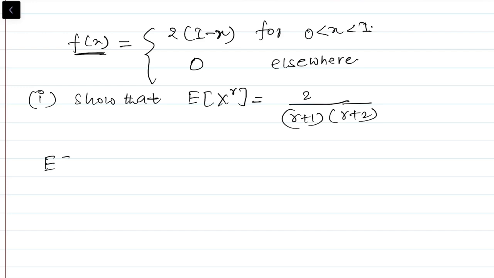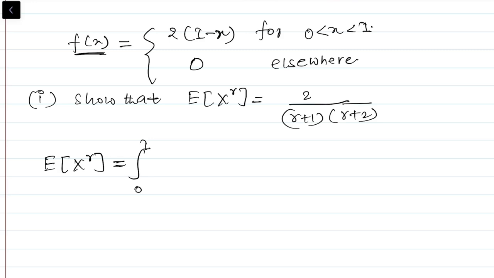We know the expectation, whatever is inside the bracket, will be multiplied with its PDF. And since this is a continuous random variable, we'll use integration, and the range is 0 to 1.